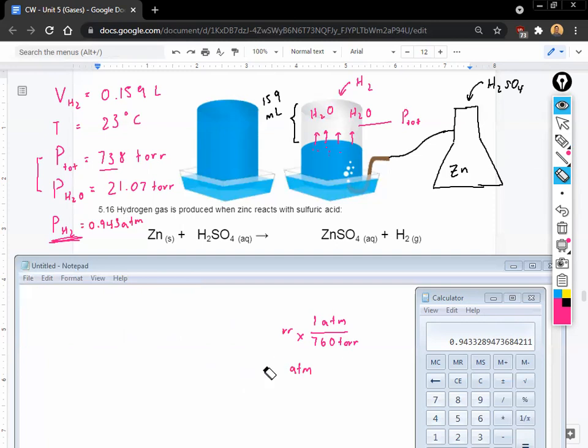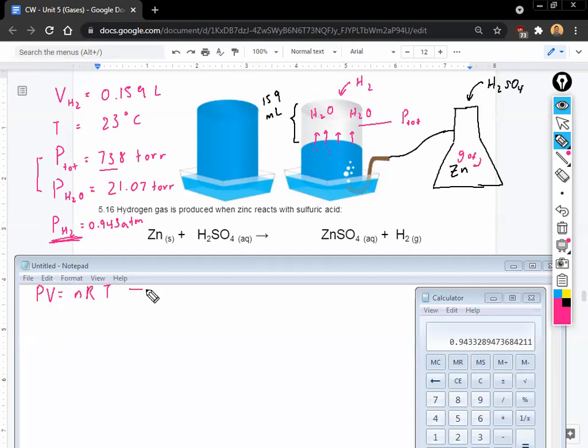Now let's use the ideal gas law. Now, in this problem, we're going to look for grams of zinc. This is what we're looking for. And so if we have PV equals nRT for H2, which of these values do we need to find? P, V, n, or T? If we're trying to find grams of something, which one of these do we need? Yeah, n, right? Because n is moles.